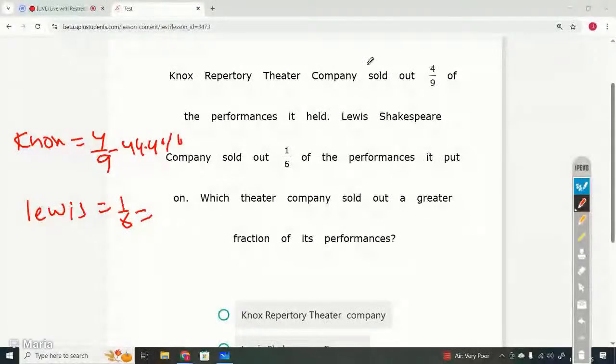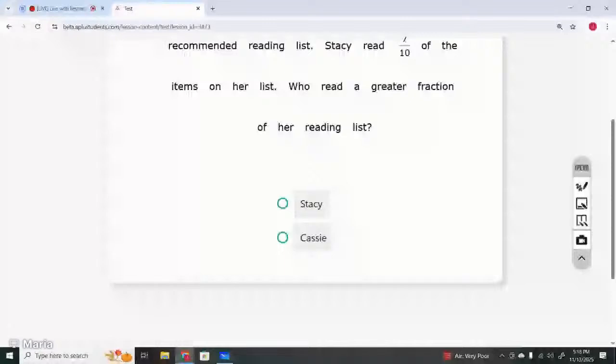So which is greater? 44% is greater, so Knox Repertory Theatre Company sold out a greater fraction than Lewis Shakespeare Company.